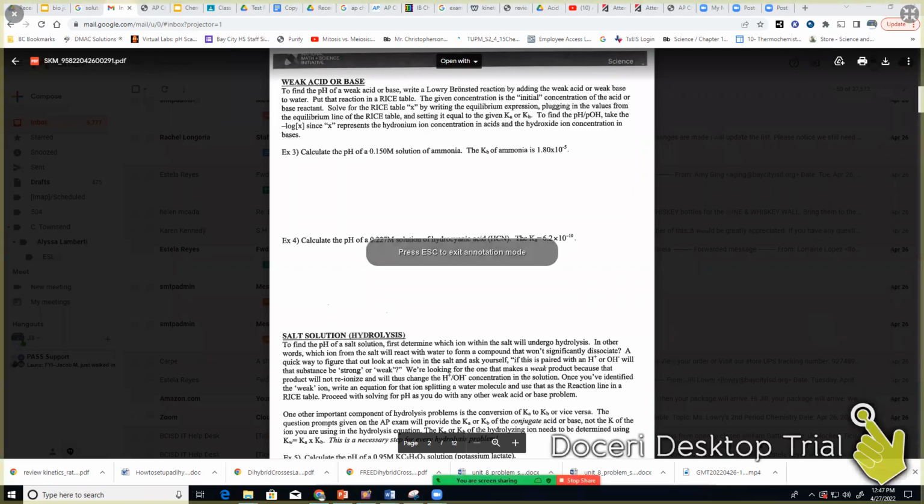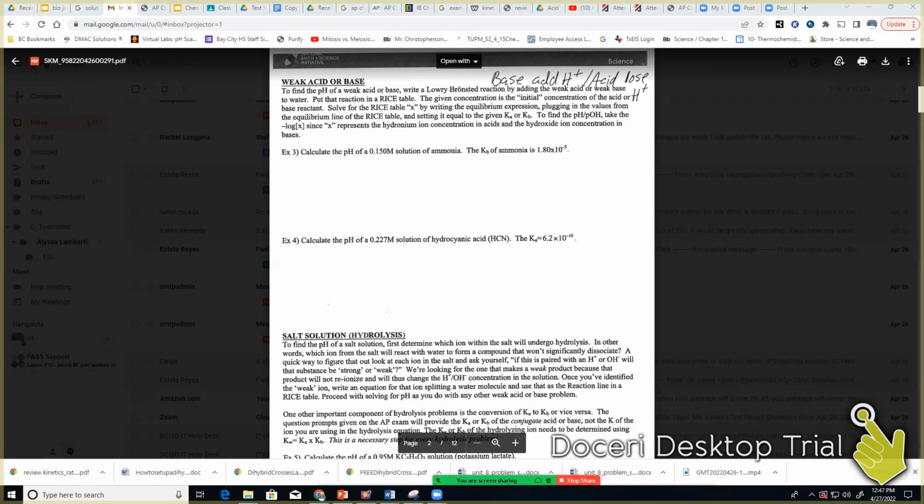All right, so you want to write a Bronsted-Lowry reaction showing how the weak acid or the weak base would be in water. Remember from that definition, a base is going to add a hydrogen ion, and an acid is going to lose a hydrogen ion. That's our good old definition.